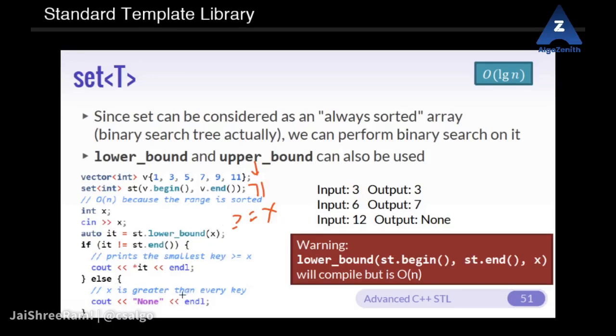Everything is less than the given x value. Note that the syntax for lower bound here is st.lower_bound(x). It's not lower_bound(st.begin(), st.end(), x). This is what we use in the case of vectors, but if you use this on a set, it will be order n because we don't have random access in sets.